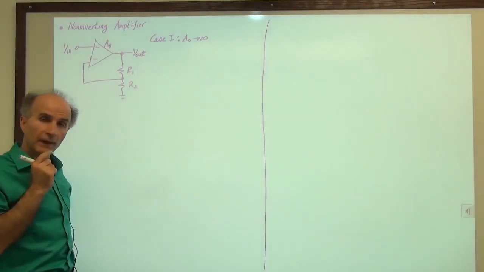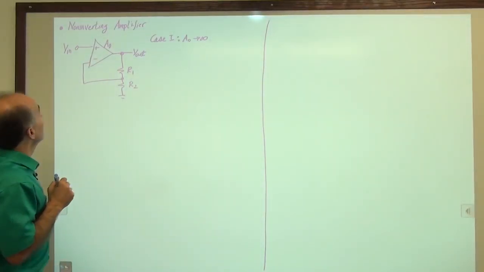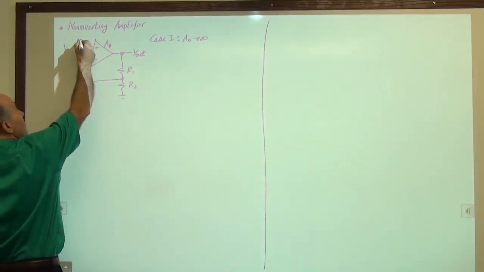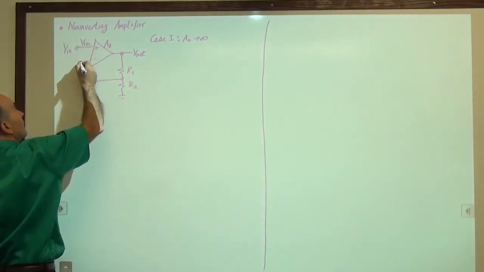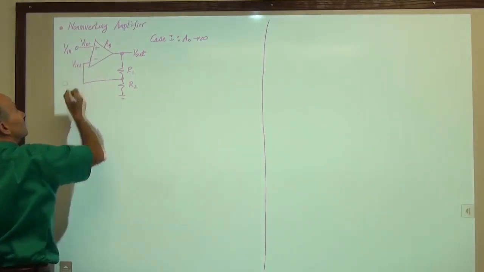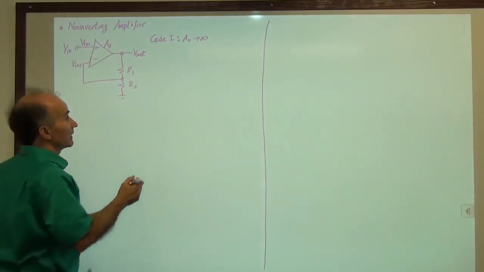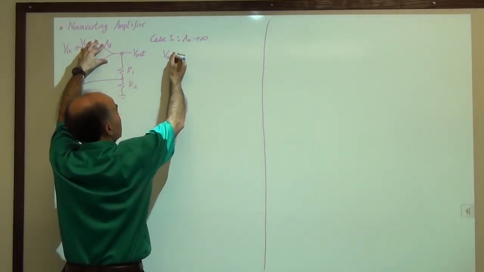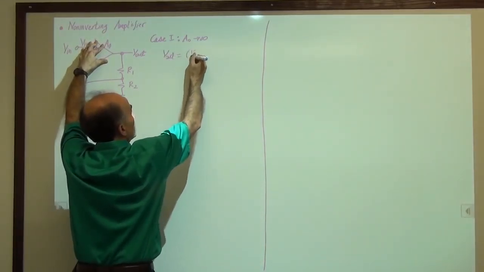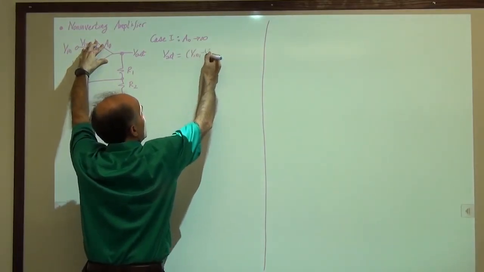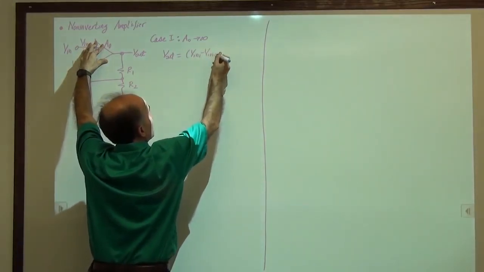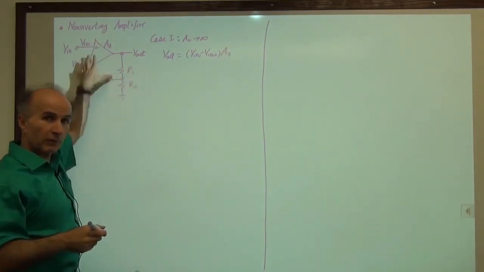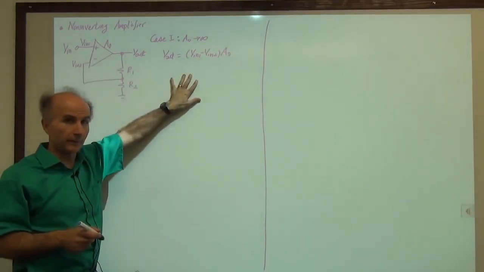Okay, so if A0 is very high, I can say that from the previous page, if I call this V in 1 and V in 2, what I do remember is that this op-amp always behaves as this. V out is always equal to V in 1 minus V in 2 times A0. Right? That's what the op-amp does. Regardless of what we put around it, that's what it wants to do.